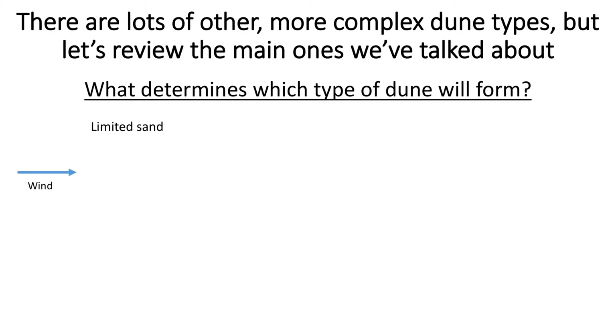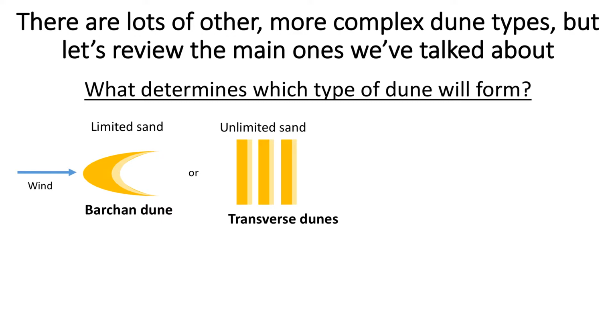If you have limited sand, then we tend to expect a barchan dune. If you have unlimited sand, we expect to see transverse dunes. So with a gentle side here on the stoss slope, and then a rapid drop here on the slip face on the lee side of the dune.